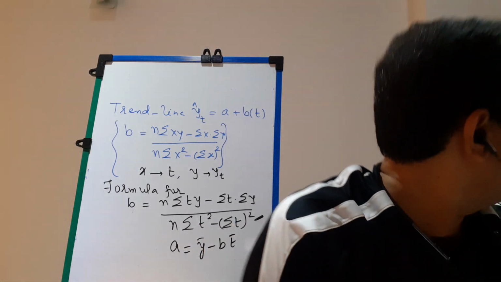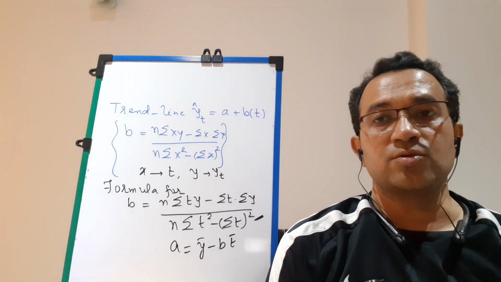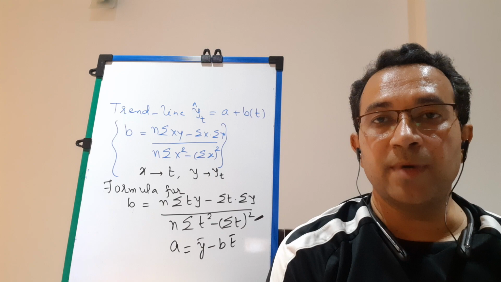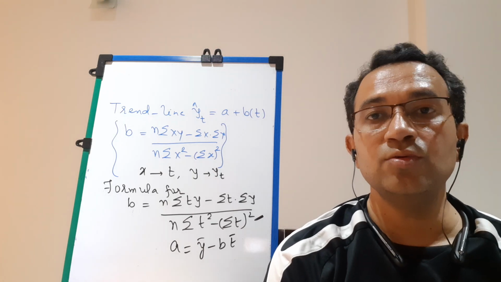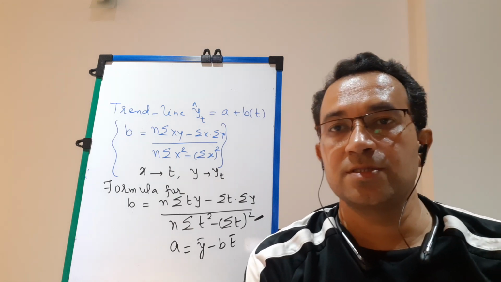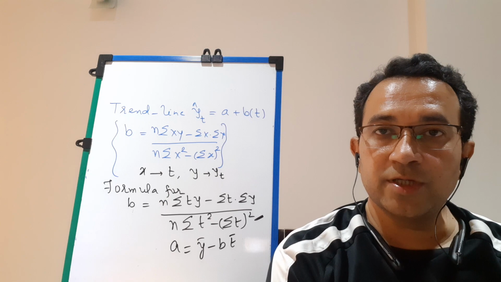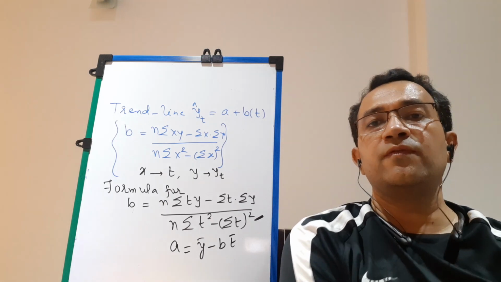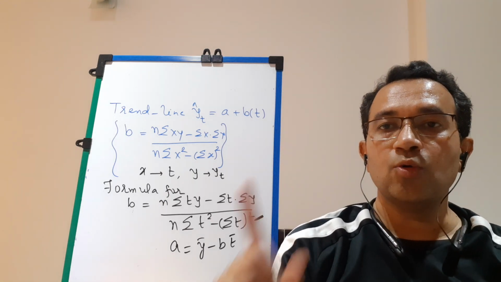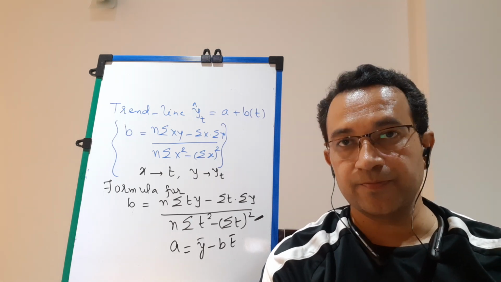In regression, we had a is equal to y bar minus b x bar. Here, students, we have a is equal to y bar minus b into t bar. So this is what we have in the trend line. Very similar to the regression line. No different formulas to find b. Only one standard formula, students, to find b.